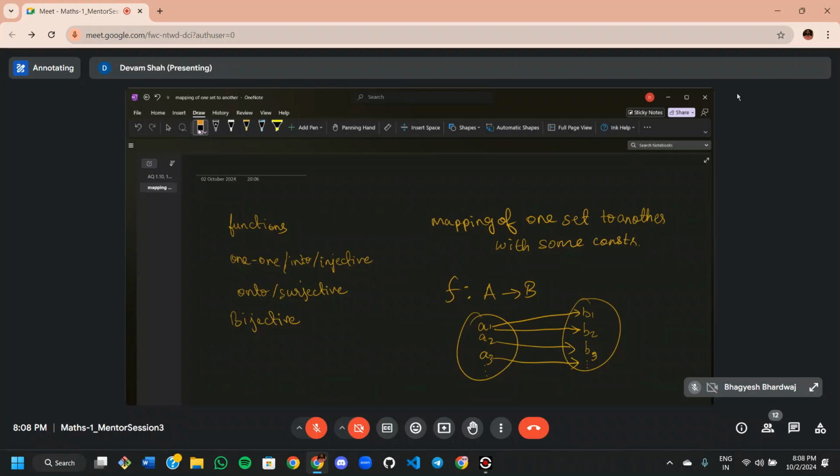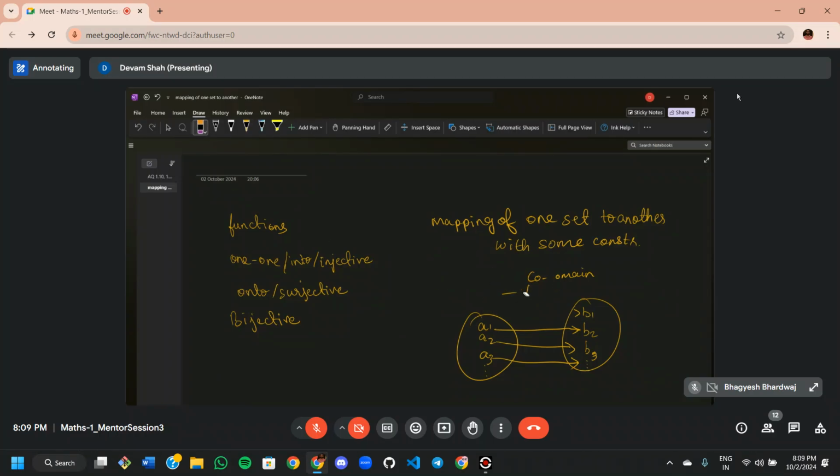That's the only definition of a function: every element in the domain should be mapped to exactly one element in the codomain. This is the domain. This is the codomain. So this is the basic definition of a function.